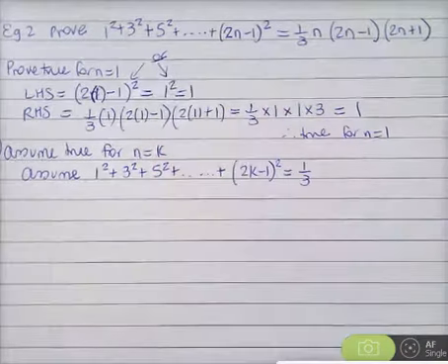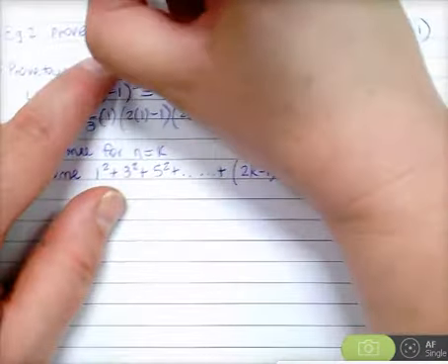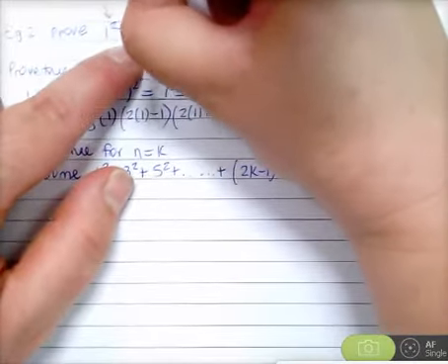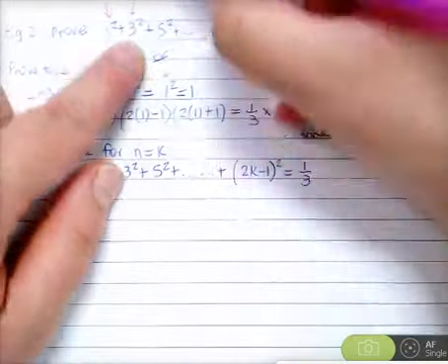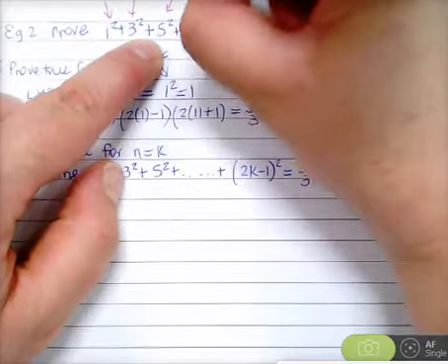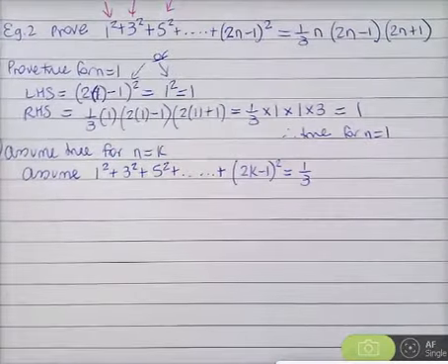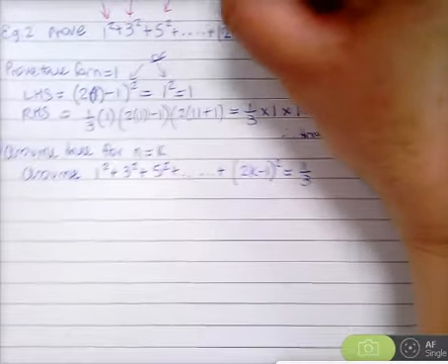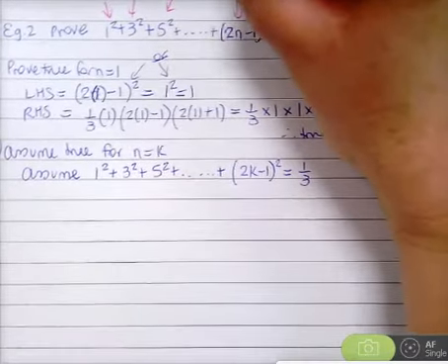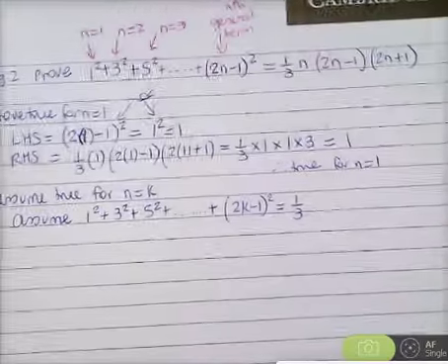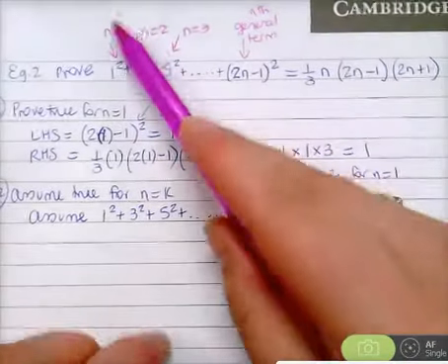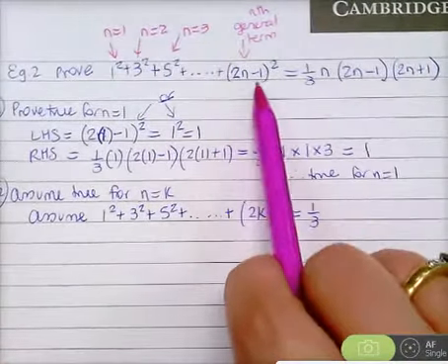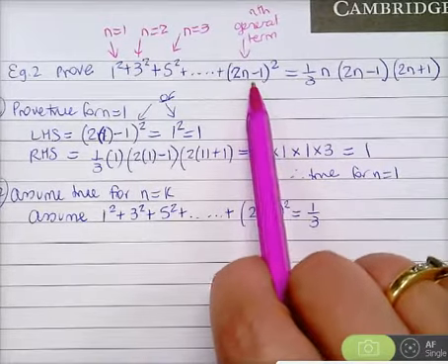Look here, if you substitute n is 1, you get that. If you substitute n is 2, you get that. If you substitute n is 3, you get that, 5 squared. That is your general term, or your nth term.